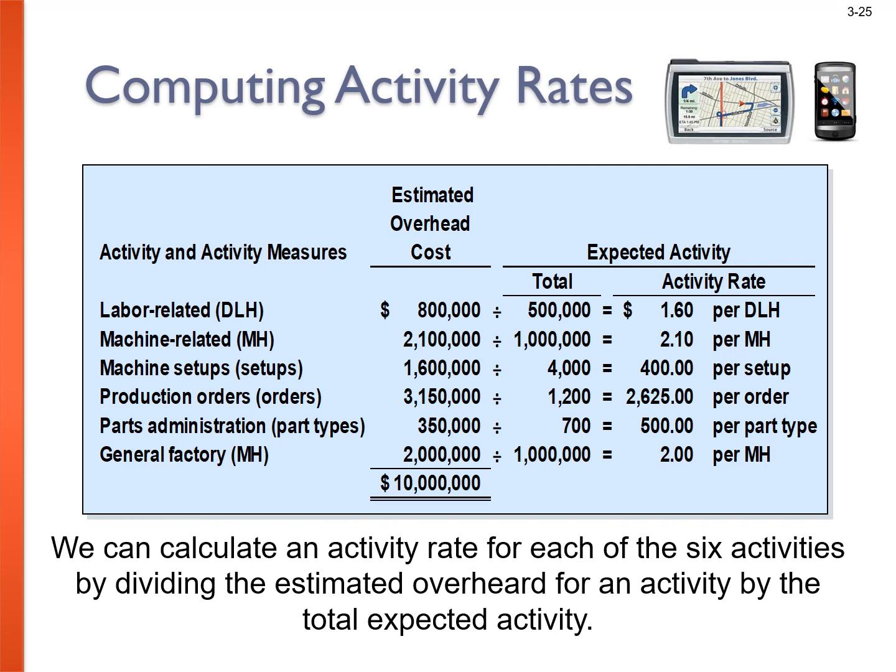First of all, the way we will determine an activity rate is we will take the cost of that activity, for instance, labor-related activity, and divide it by the total labor hours. So each direct labor hour will be charged overhead of $1.60.